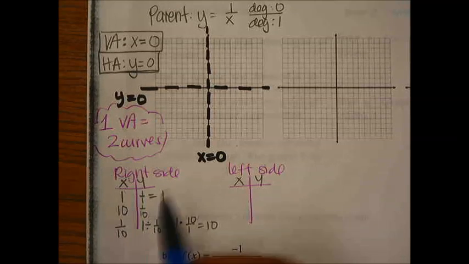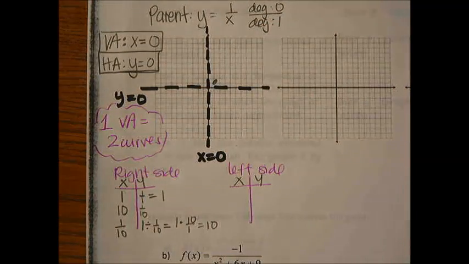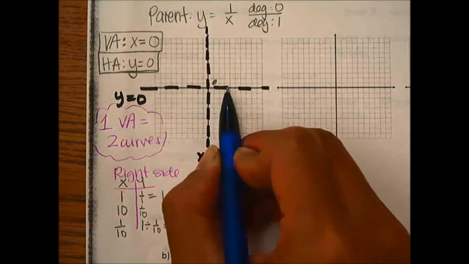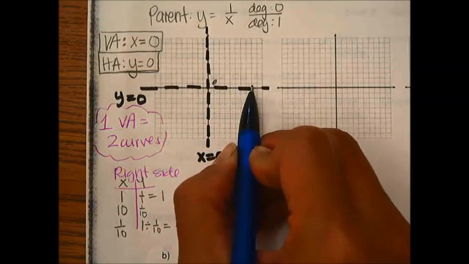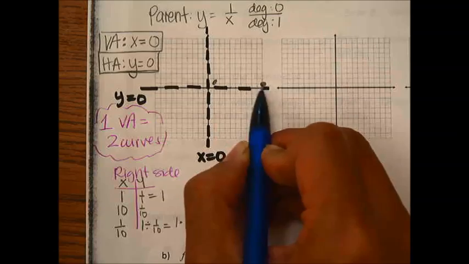The first one is (1, 1), which is right here. The second one is (10, 1/10). This is a 10 by 10, so you can just count 1, 2, 3, 4, 5, 6, 7, 8, 9, 10. And then 1/10 means not quite 0 yet, but pretty darn close to 0.